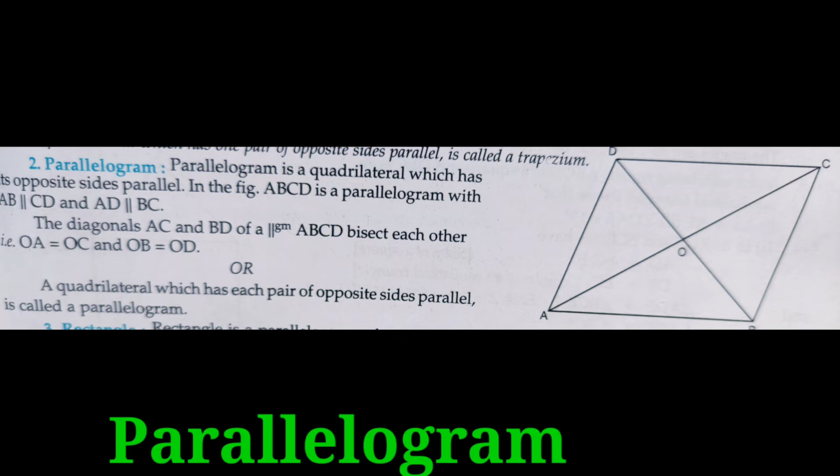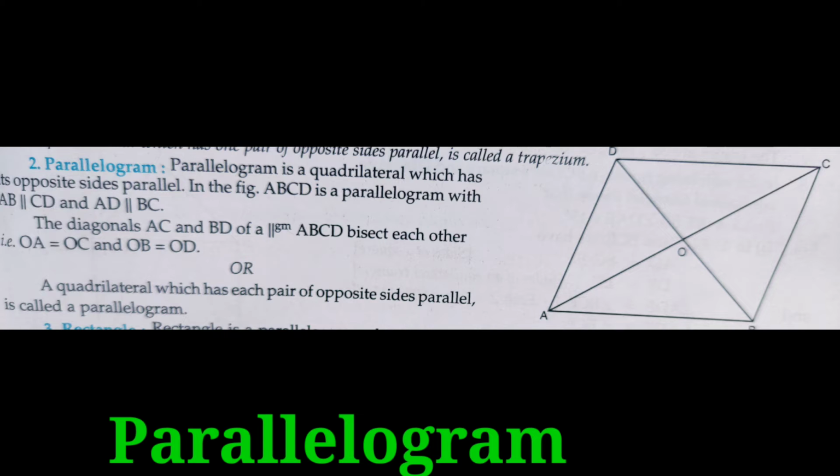Now we are coming to the parallelogram. A parallelogram is a quadrilateral which has its opposite sides parallel. In the figure, ABCD is a parallelogram with AB parallel to CD and AD parallel to BC.